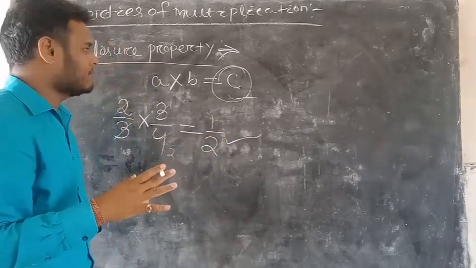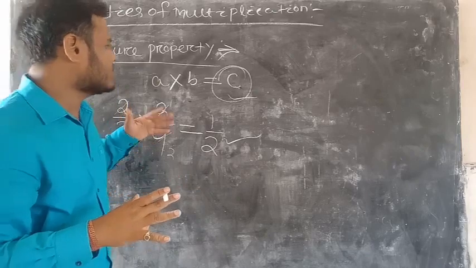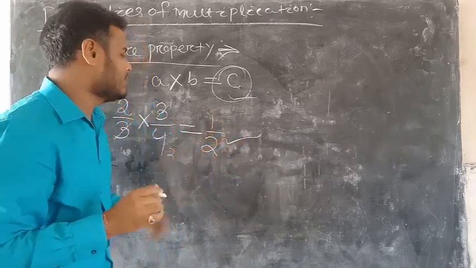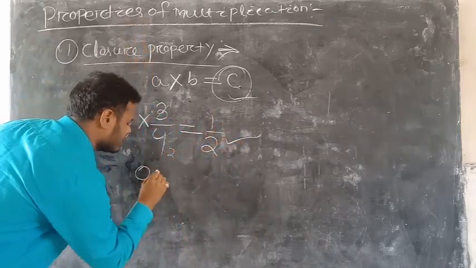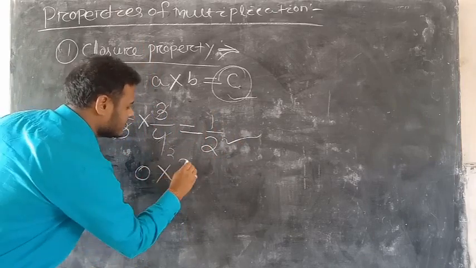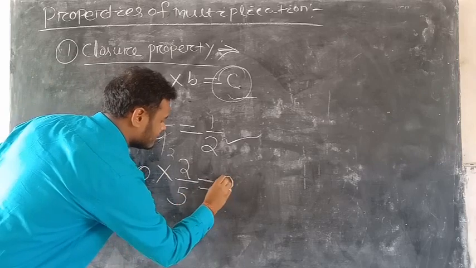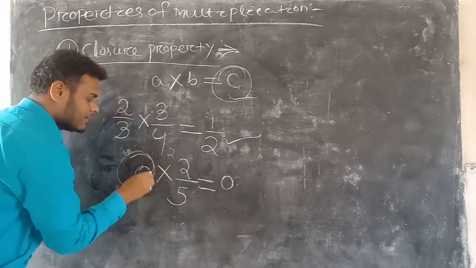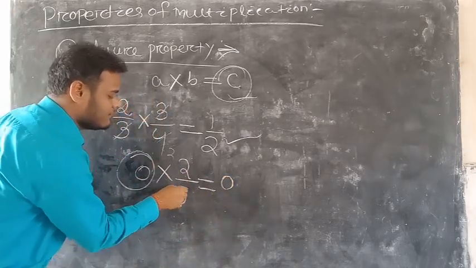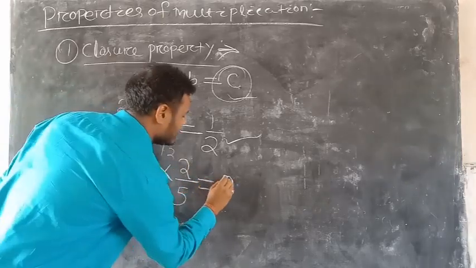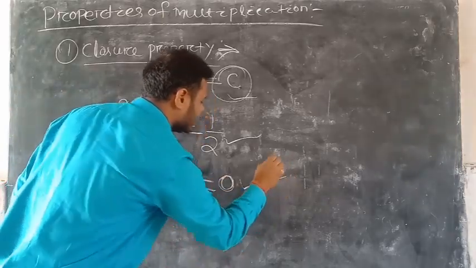Again, to give more clarity, suppose I multiply 0, which is also a rational number, with 2 by 5. That is equal to 0. 0 is a rational number multiplied with another rational number 2 by 5, and I am getting 0, which is a rational number.